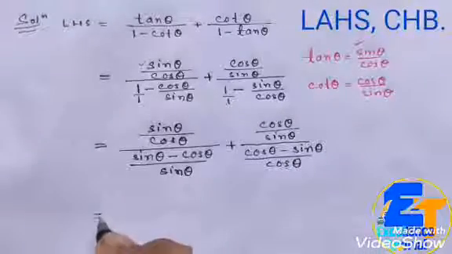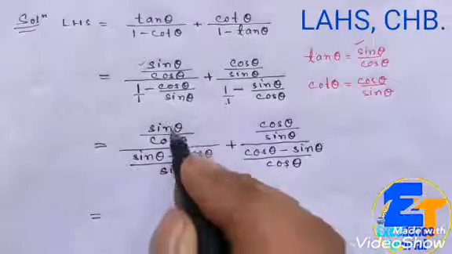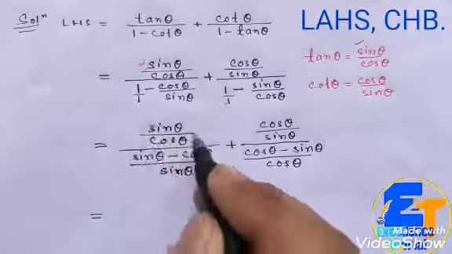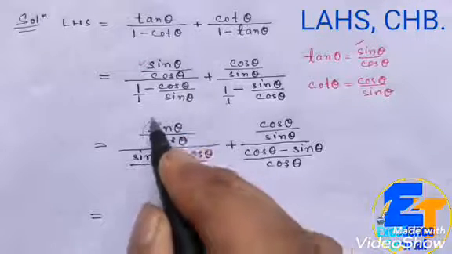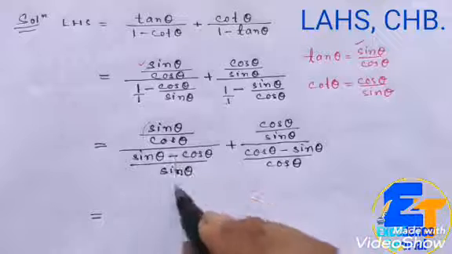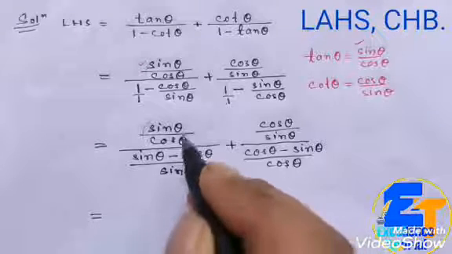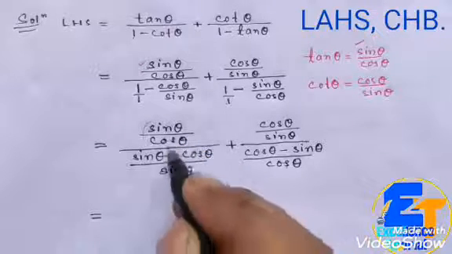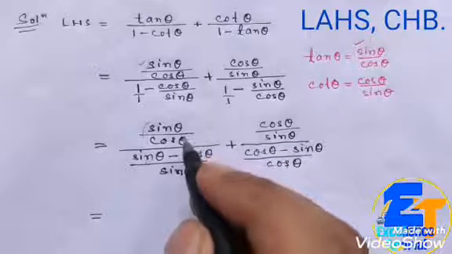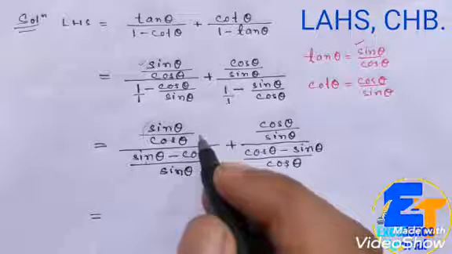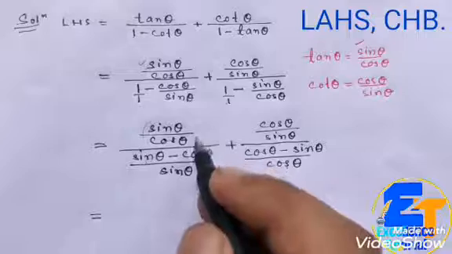Now next step, see, this is written in fraction form. When a fractional number is divided by another fractional number, we can remove the division sign and replace it with multiplication.